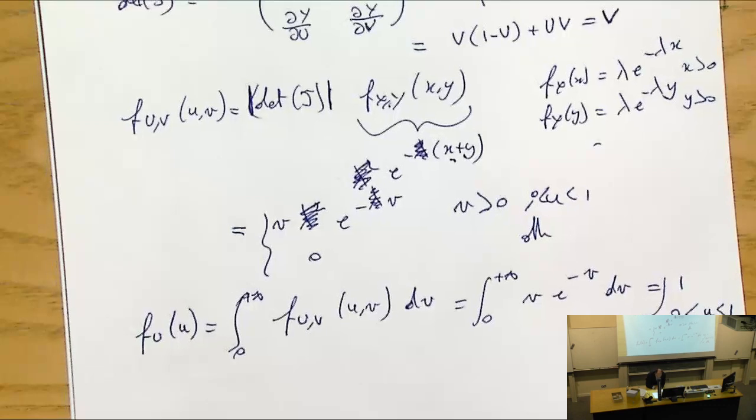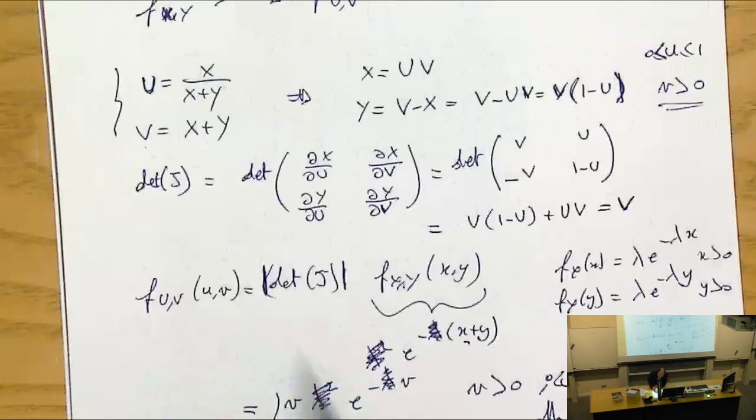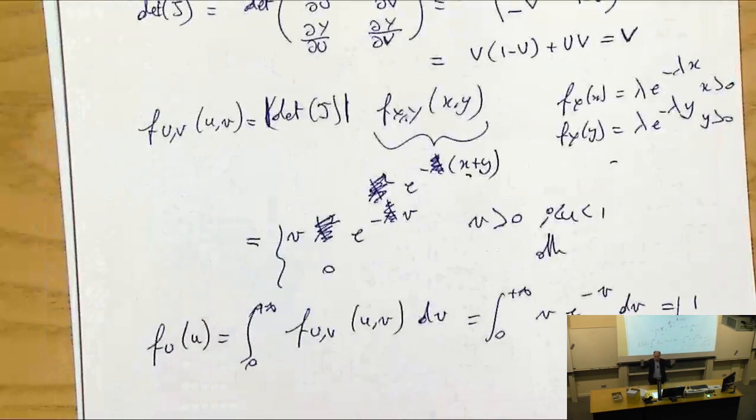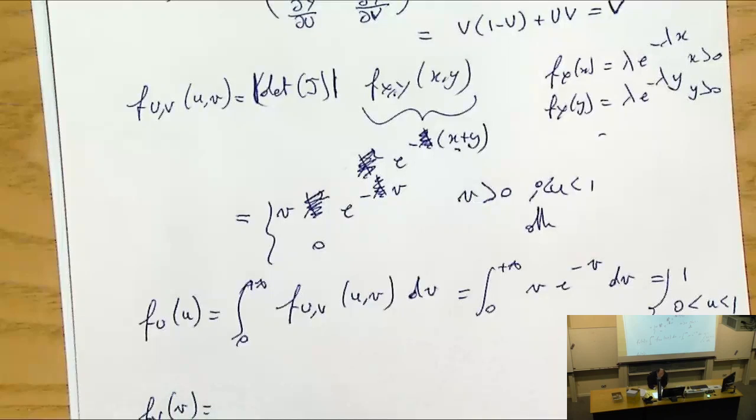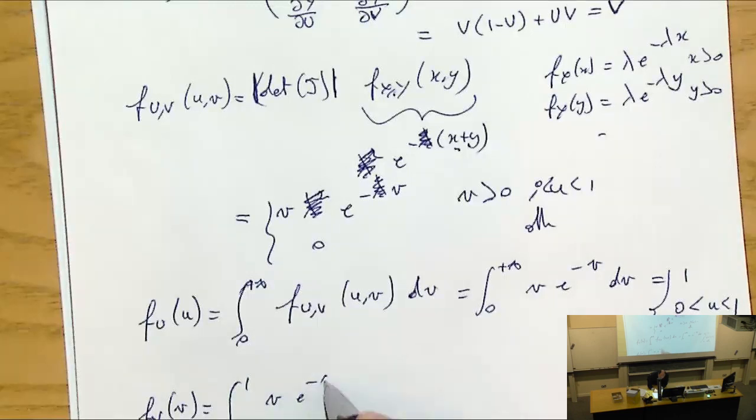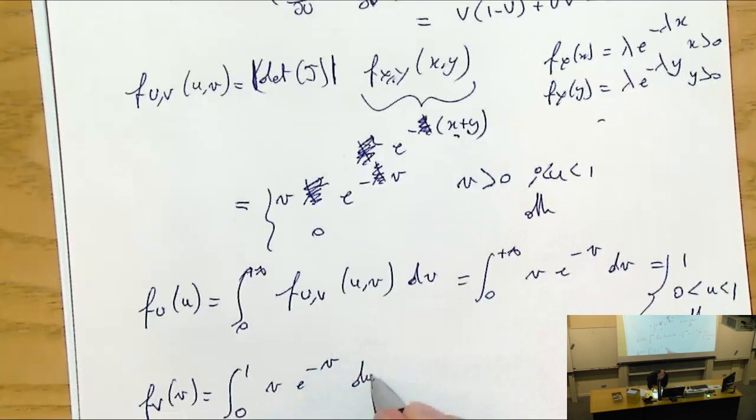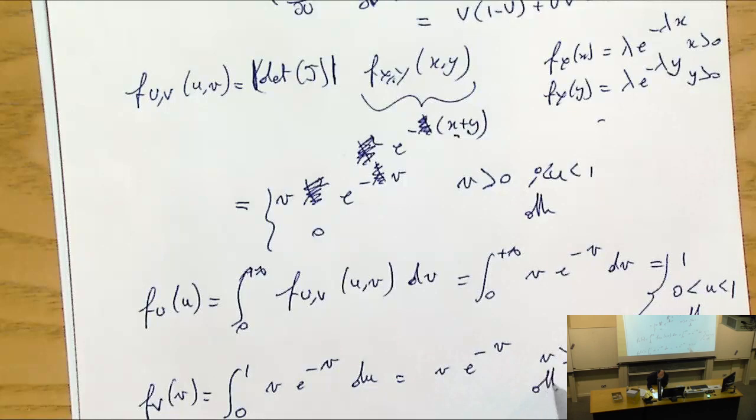So what you see here is that the PDF of that ratio is actually uniformly distributed between 0 and 1. If you want to get the marginal of v, for some reason you're interested in this, you take the integral between 0 and 1 of v e to the minus v du, and what you get is v e to the minus v for v positive and otherwise 0.